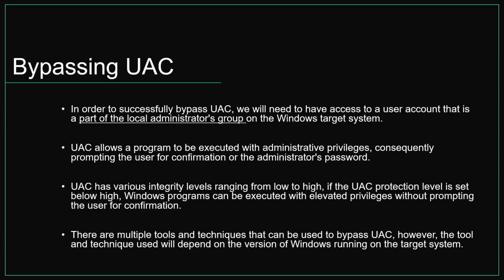So I cannot migrate processes. I cannot dump the NTLM hashes from the LSASS process cache. I can't really do anything. In order for me to get the administrative privileges, I need to bypass UAC, right? And we'll actually get to that during the practical demonstration.